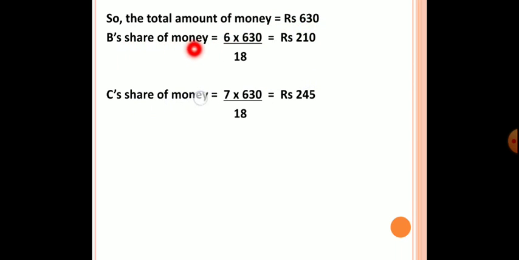B's share was 6, so 6 divided by the sum of the ratio, that is 18, into 630, is equal to rupees 210. C's share was 7, so 7 divided by 18, into 630, is equal to 245.